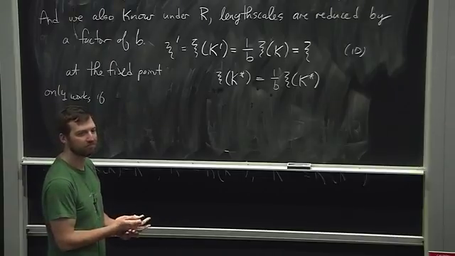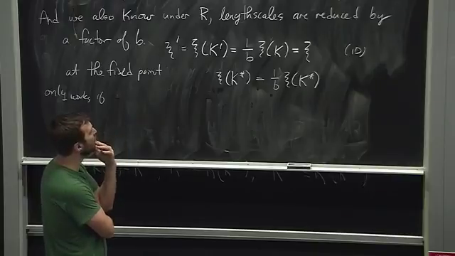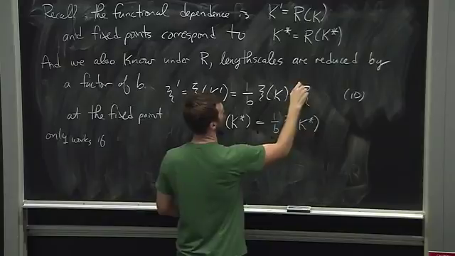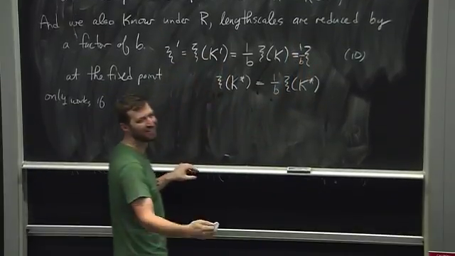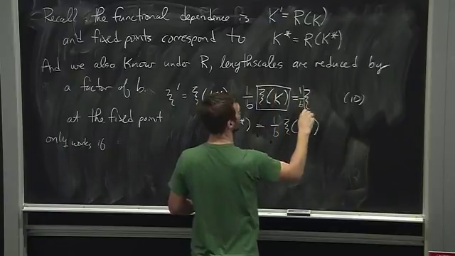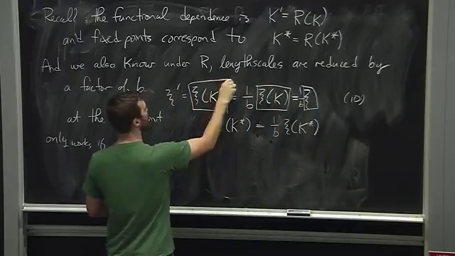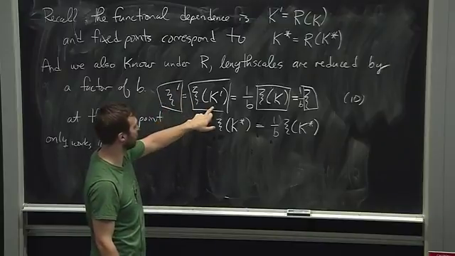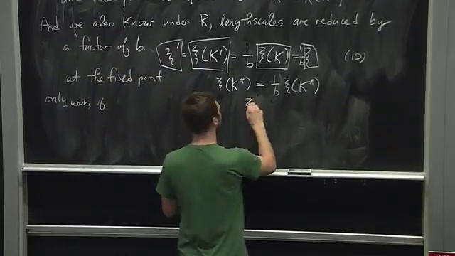The confusing thing is psi over K and psi. Oh, you mean this thing here? Yeah, I'm just defining this and this to be the same. This is just notation. I think previously I called it prime, but I just want you to think of the fact that if I'm at a fixed point, I could write this like this.